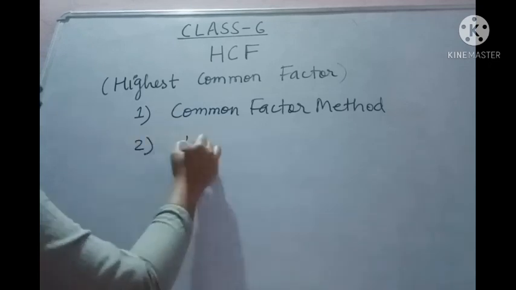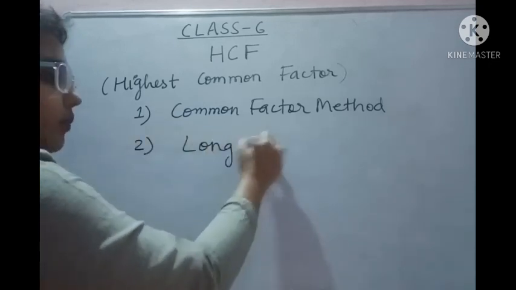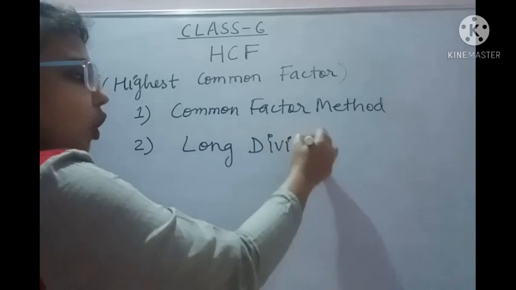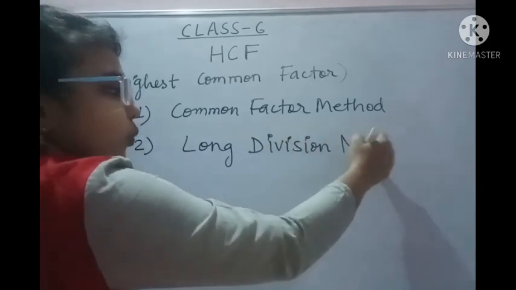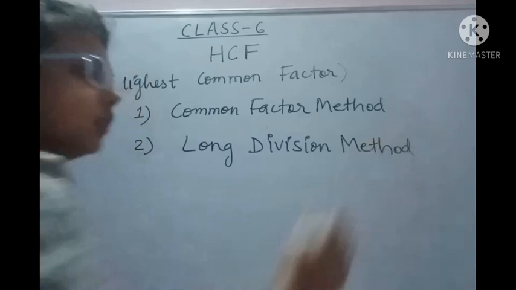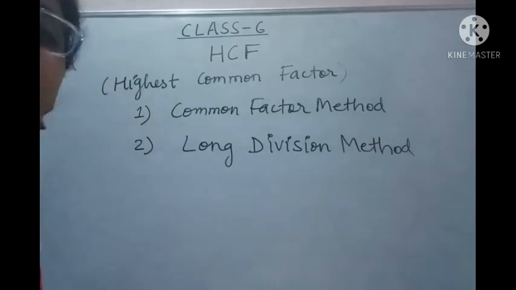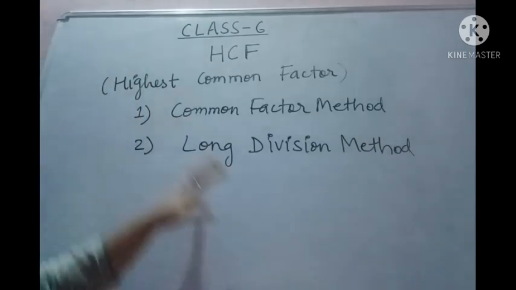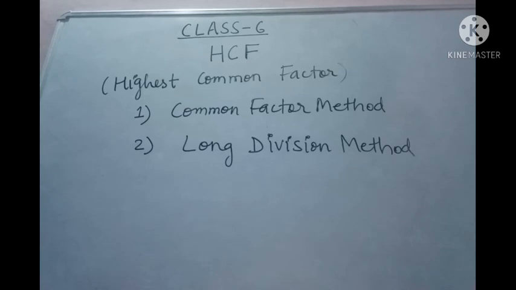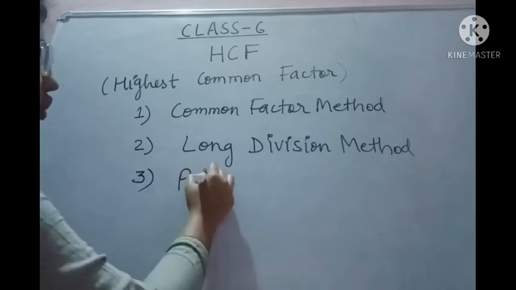Next we have the long division method, in which we divide the numbers until we get 0 as our remainder. I'll be explaining all these things, so just hold on. The third and the most important method, which we use in our next classes also, is the prime factorization method.